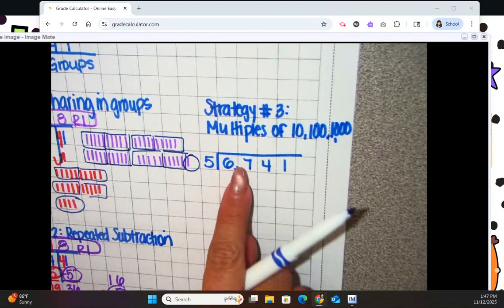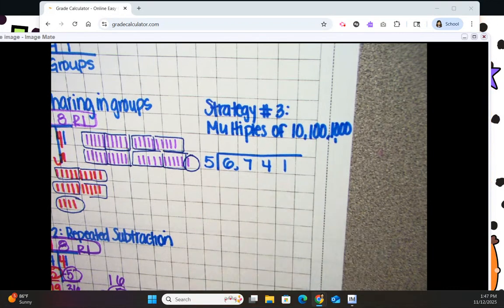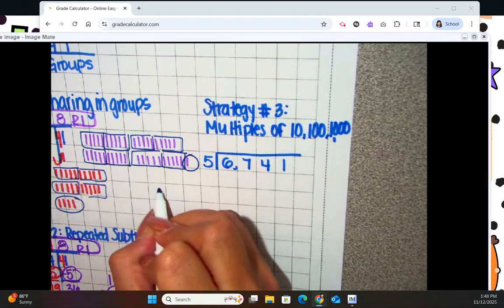So what is the biggest number that I can multiply to get me close to 6,000? 600. No, 1,000. Because if I multiply 5 times 1,000, how many sticks am I using? 5,000.